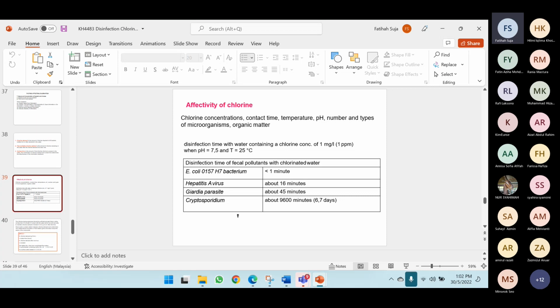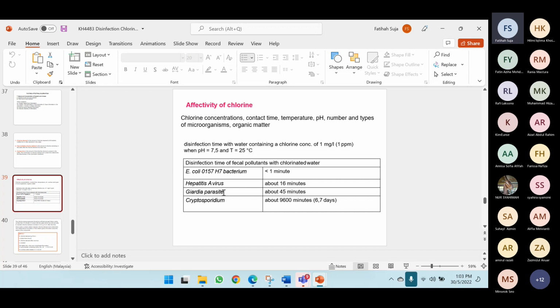You can look under the microscope, but if you have this in your treated water and you want to use a disinfection process, then you know that it will take 6 to 7 days to ensure that these microorganisms are removed from your water supply.